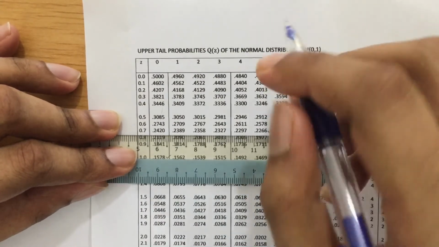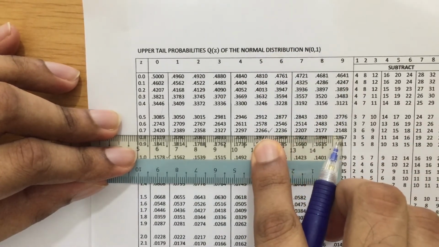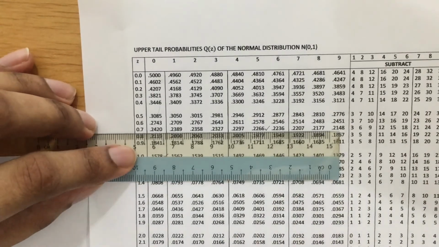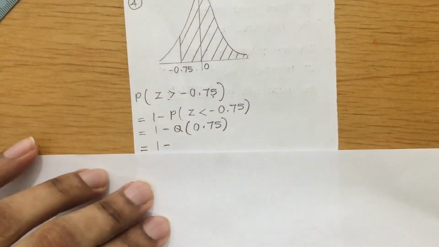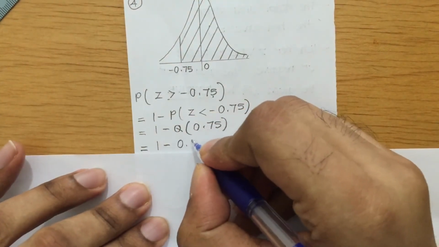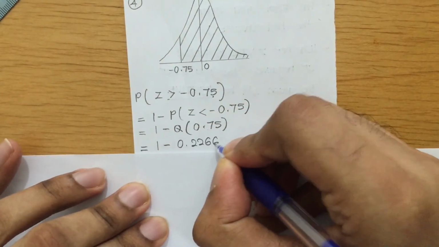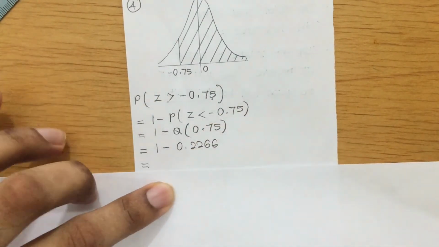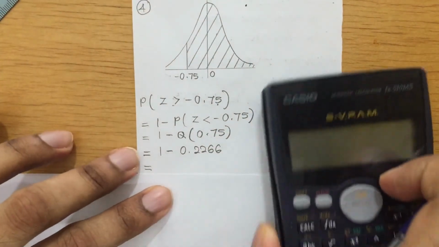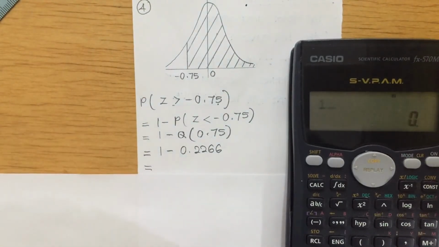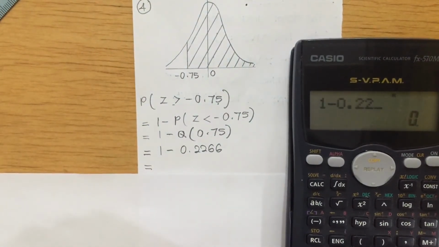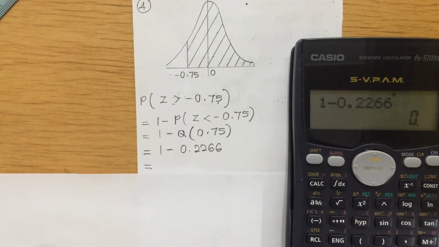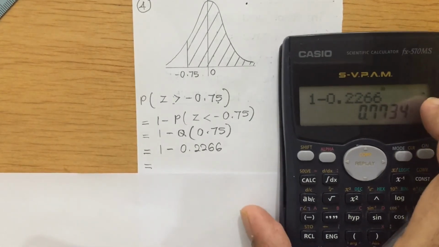So this will be the value of 0.75. You put that in your working: 0.2266. Let's do the calculation together: 1 minus 0.2266. From here you should get your answer, 0.7734.